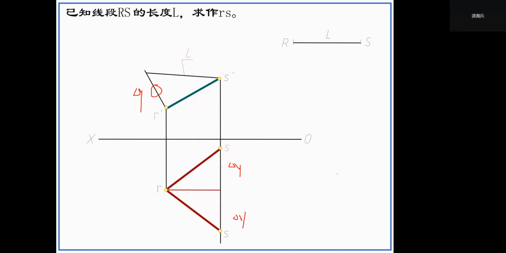If you know two of them, you can get another two. I'll repeat it again: true length, true angle, projection length, and coordinate difference. If you know any two of them, you can get another two.